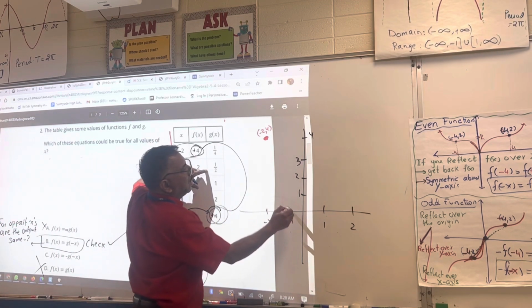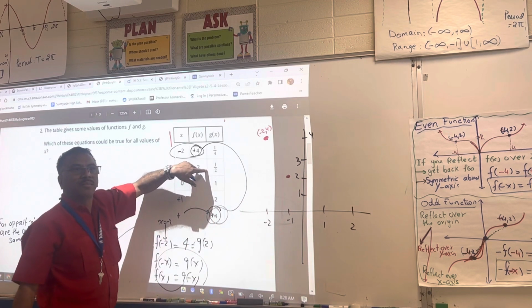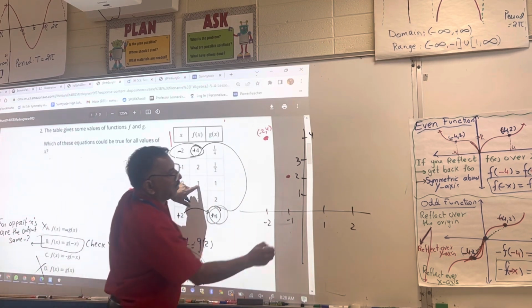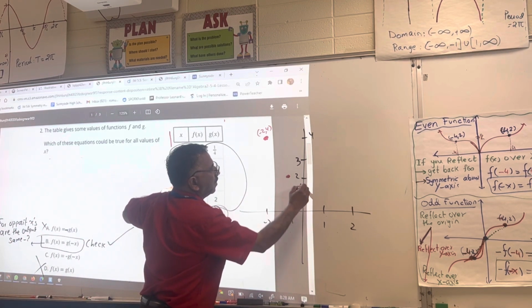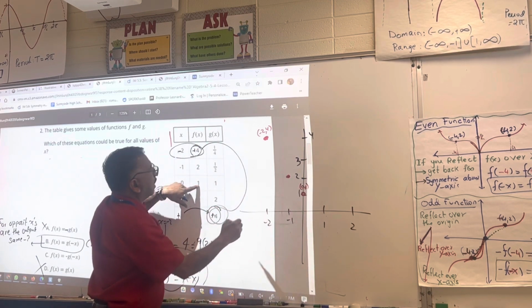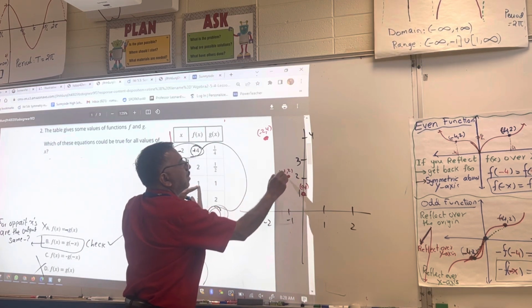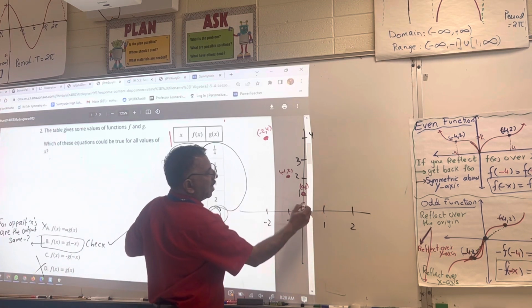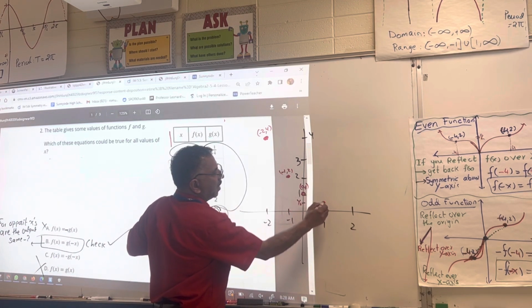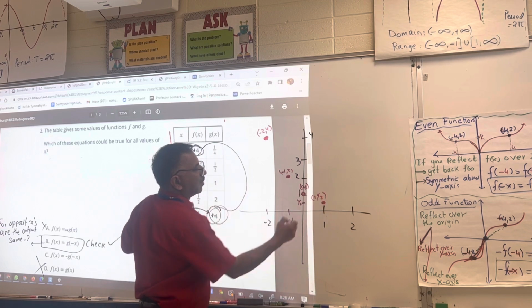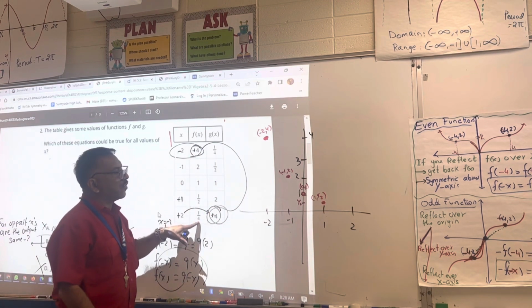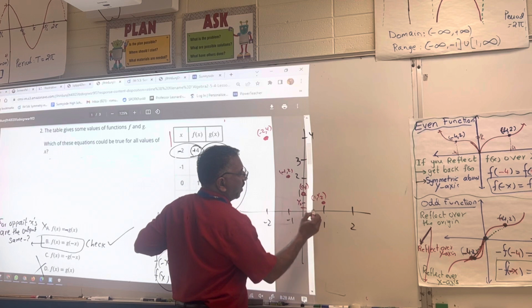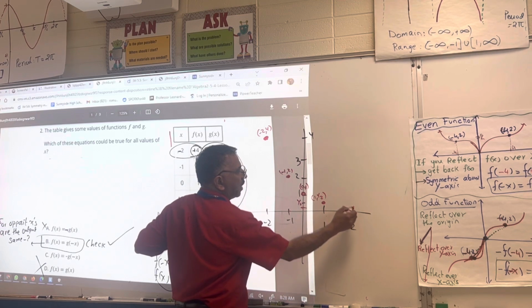Negative 1 is 2, right here. 0 is 1. That's negative 1 and 2. Then 1 is half. So this is 1, half will be this one. And 2 is 1/4. Where is 1/4? Half of half, which is something like this.